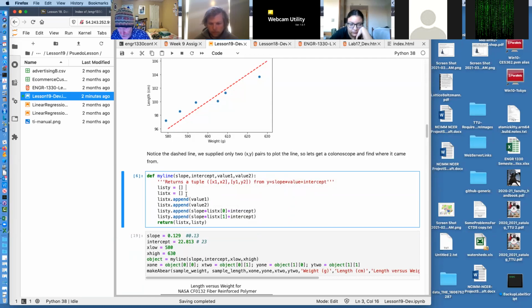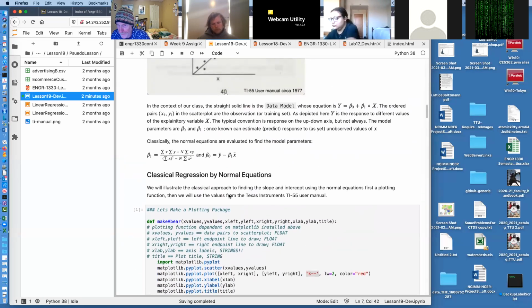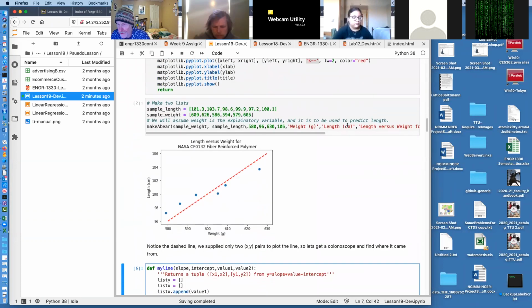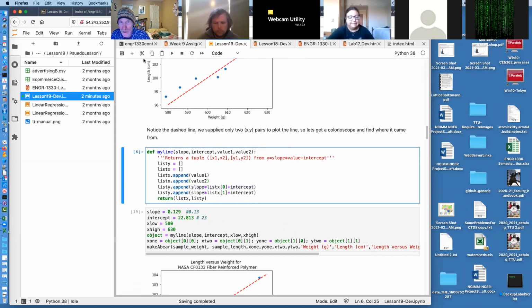And so this function creates two empty lists, y and x, appends value 1 to x, appends value 2 to x, and then appends y1 and y2 using a formula, slope times x plus intercept. Let's go back up here. Slope times x plus intercept. So essentially it's doing this equation with different names. Go ahead and run that.